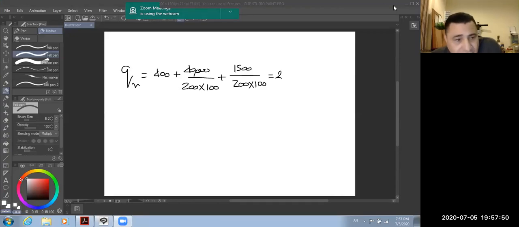What is the unit here? If this is 40, that means what? Kilopounds. We have already here 400 pounds per square foot.